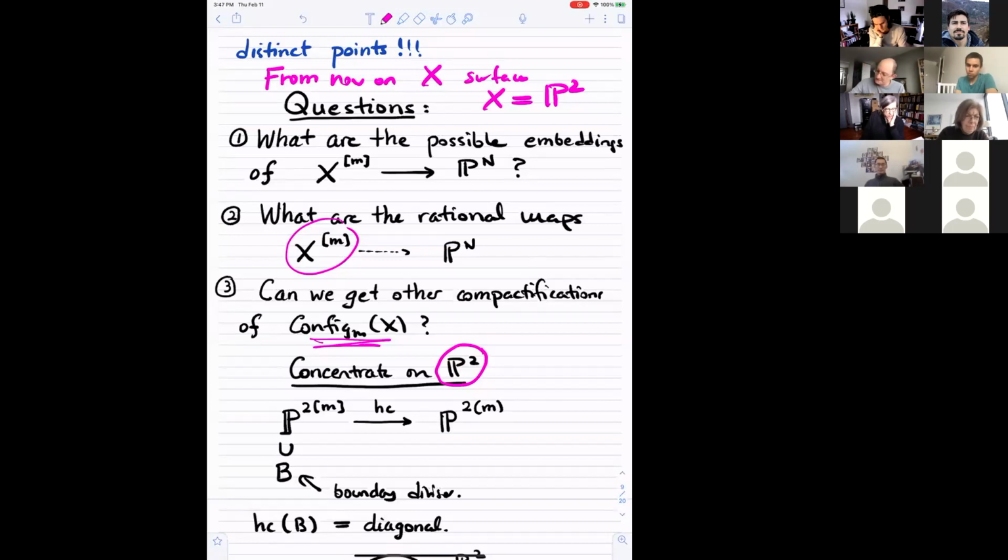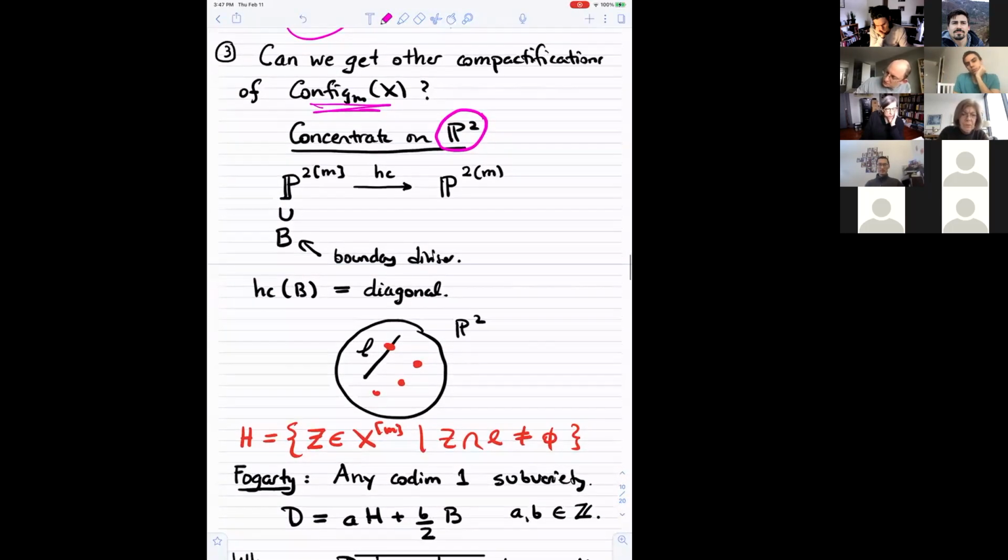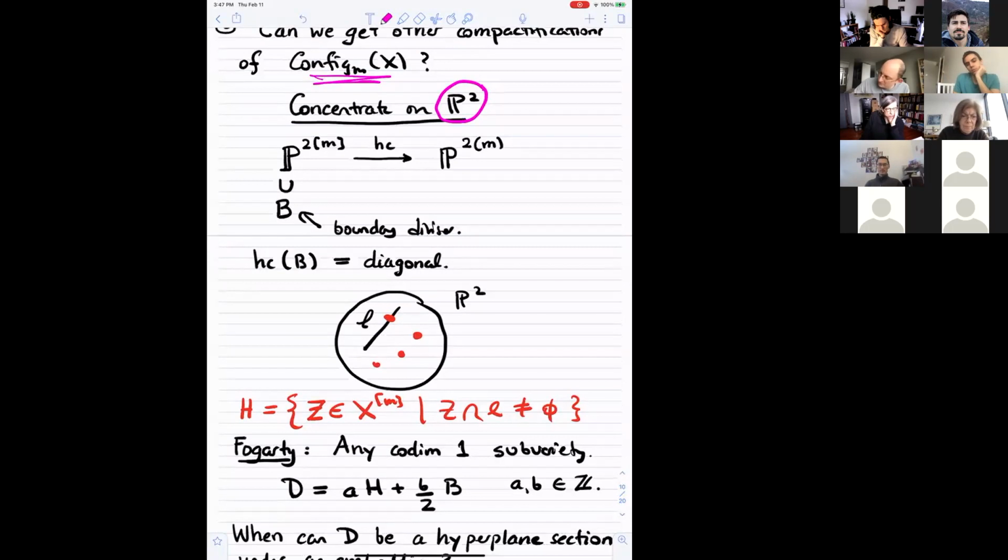These give you codimension 1 things in your space. The terminology for this is divisors. You can try to understand the geometry of these divisors, and that tells you a lot about the possible maps from your space to projective space, and when you get an embedding. As I said, I'm going to concentrate on P2.